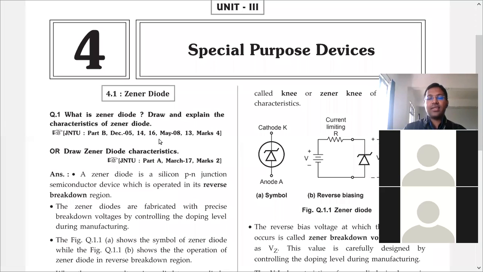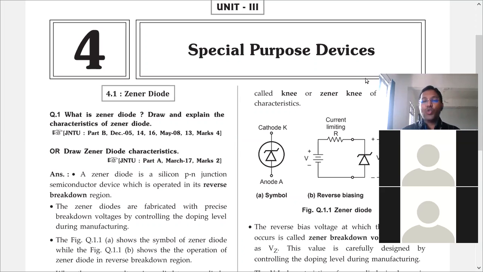Width decreases, sir. Very good, correct answer. We discussed this in the previous class, that when doping is high, the width of the depletion region is thin.